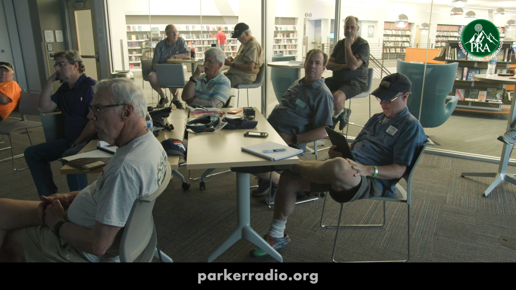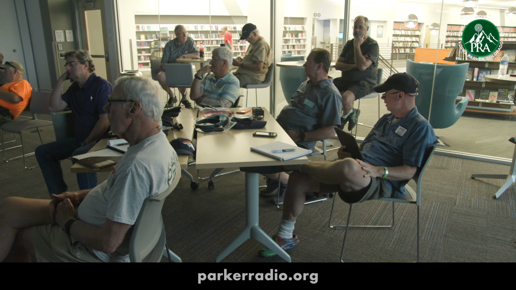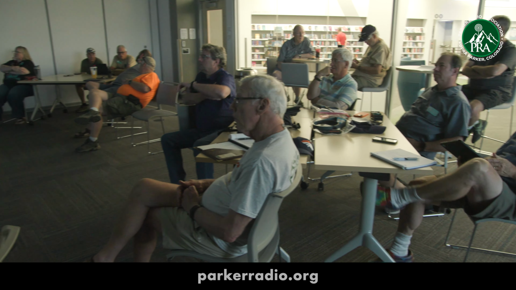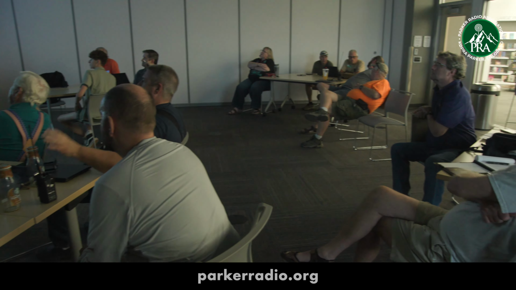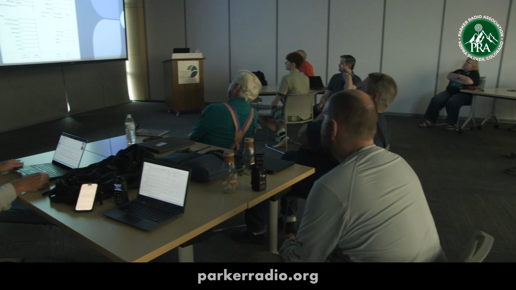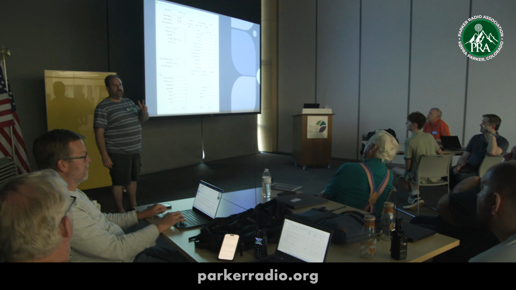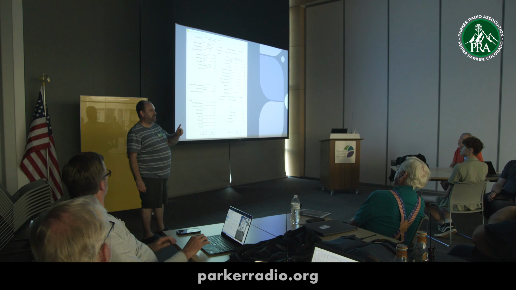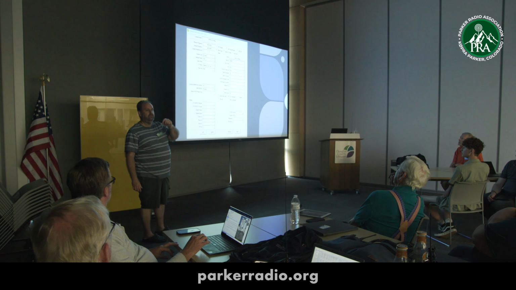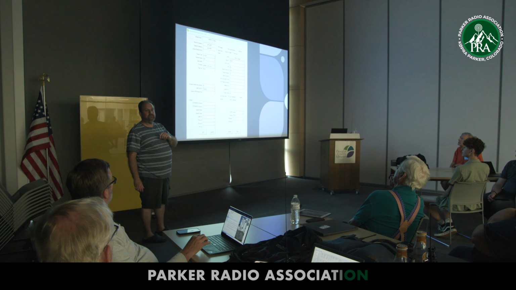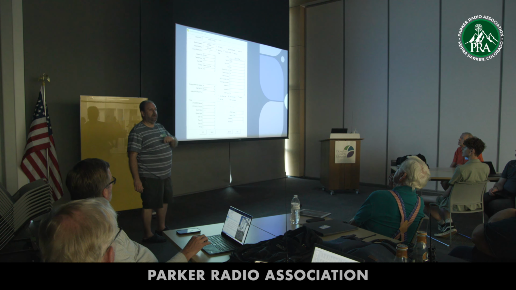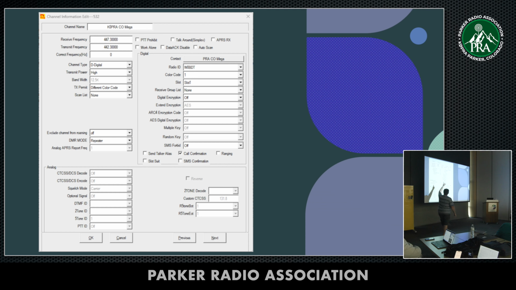Got it. So this is that same screen, and everything is exactly the same, except for which two things? What have I changed to connect to Colorado Mega? The contact and the time slot. You're exactly right. So you'll see I've got the channel named differently.